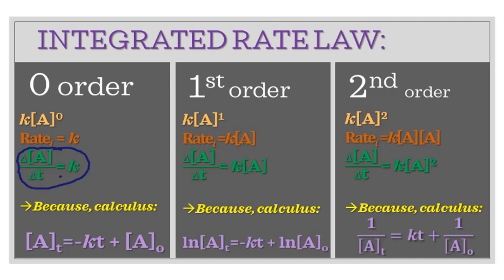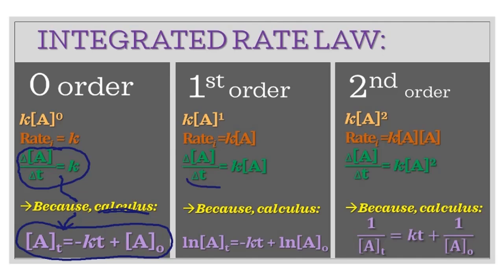And if we rearrange that, because calculus, and I'm not going to get into the calculus of how to rearrange this, you'll just have to trust me, or you can look it up somewhere else. Using calculus, you can rearrange this zero order differential rate law into this integrated rate law.